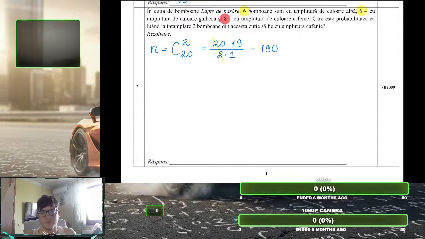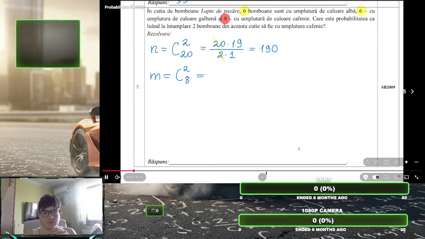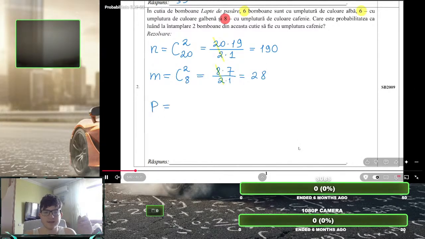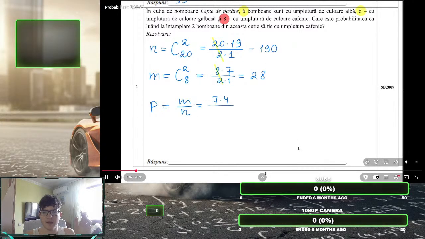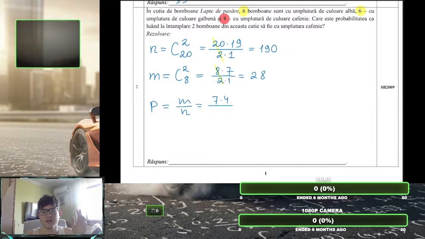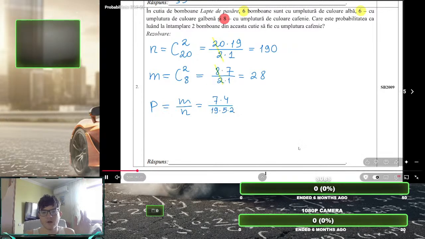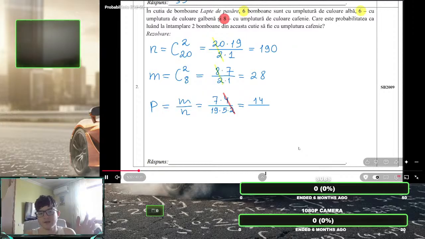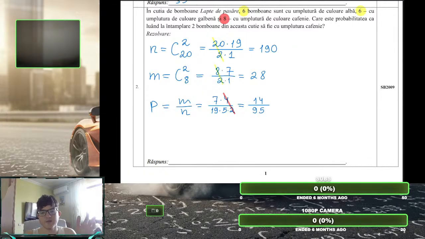Is it just as easy as this? C(8,2), right? Bruv, it's easy as this. 8 times 7 divided by 2. So we're going to have 28. Easiest problem ever. 7 times 4, 10 times 19 or whatever. 19 times 5 times 2. Simplify that, we get 2. So 14 divided by 95.